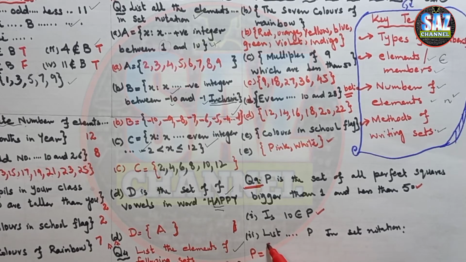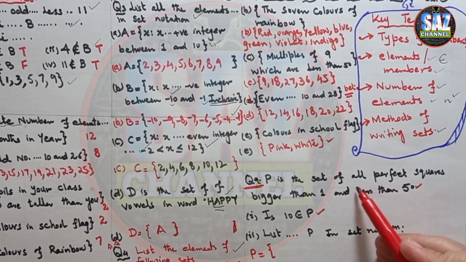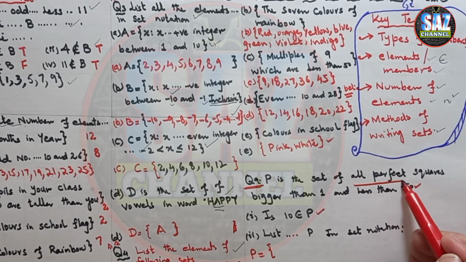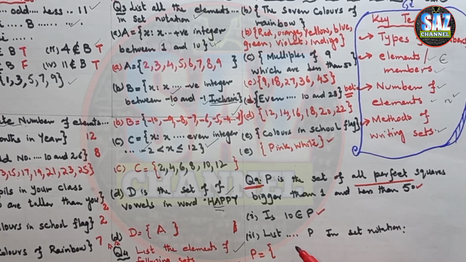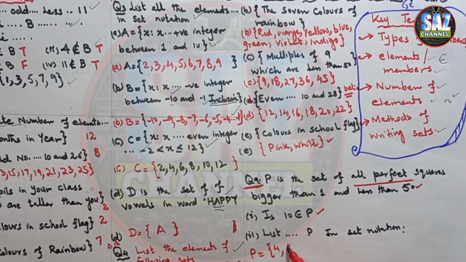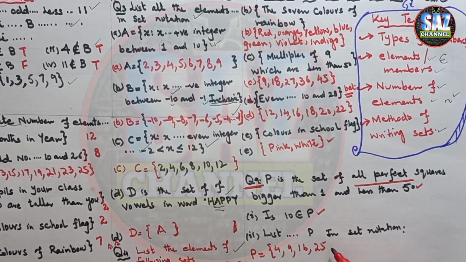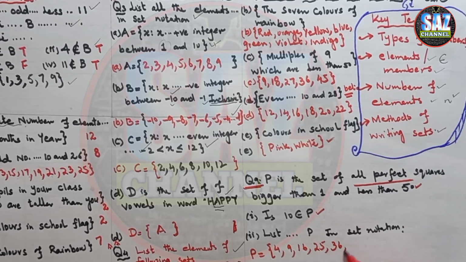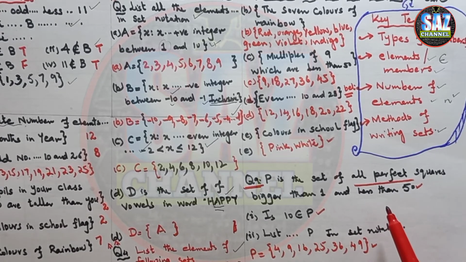Set P will be equal to, we have to pick up the perfect squares which are bigger than 1. So 4, 9, 16, 25, then 36, then 7 sevens are 49. This will be the last element in this set because I have to write the elements less than 50. Okay, I've done the second part.